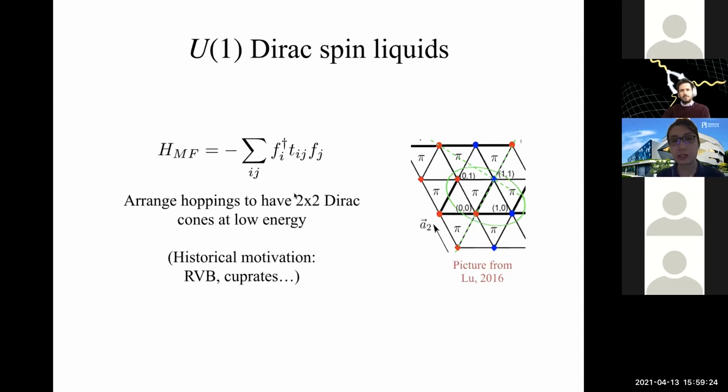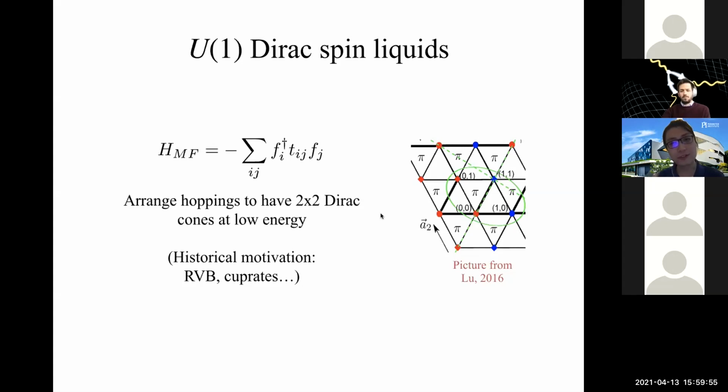So you in total get 4 Dirac cones at low energy. This type of mean field theory has some historical motivation back in the 80s and 90s. But over the past several years, it's been well appreciated that they may indeed be relevant for reasonably realistic models.